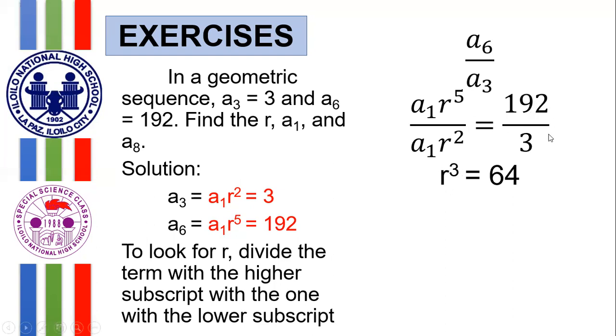Equals 192 divided by 3, or 64. And you have r cubed equals 64. Taking the cube root of both sides, this gives us the value of your common ratio, which is 4.